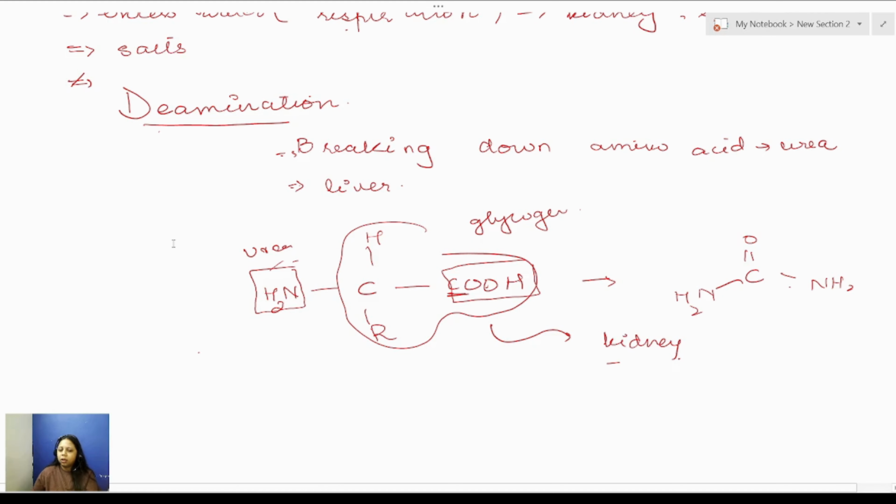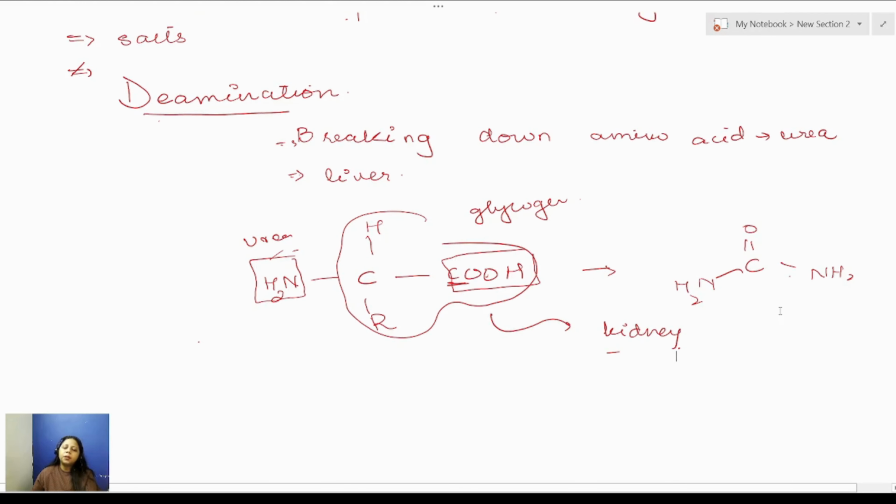Clear? Okay, what will happen if this is not removed? For example, if someone has some issue with the kidney, or their kidneys are not working, or this urea is not removed for any other reason, what can be the threats to our body, because this urea is harmful? Okay, it can affect the liver.